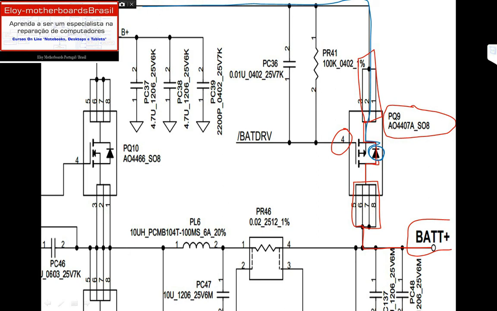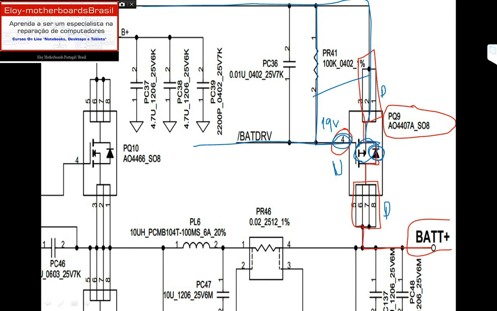This 19 volts will also be present here, as we can see by this arrow. This is P, and this is N. So if pin 4 is negative and it's receiving 19 volts, this PQ9 will not work. So this PQ9 needs to go to 0 volts.